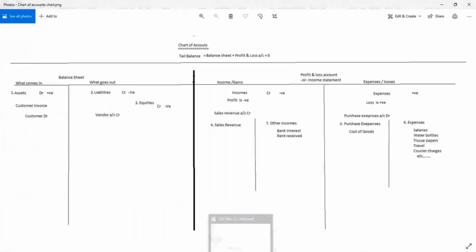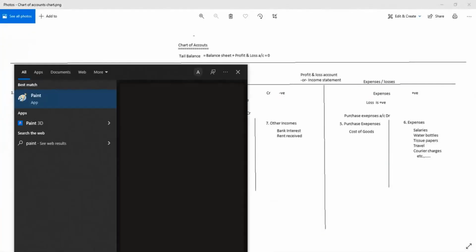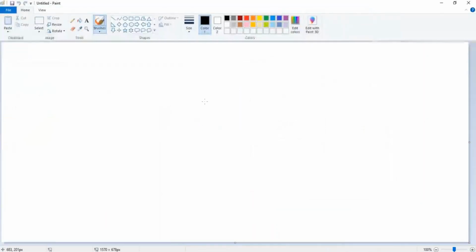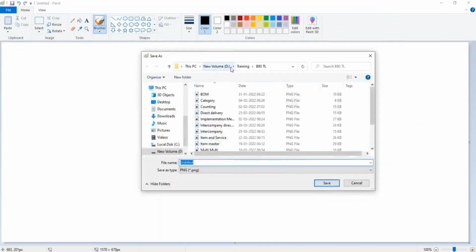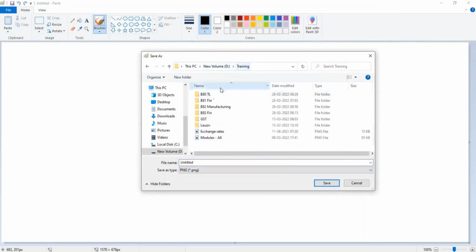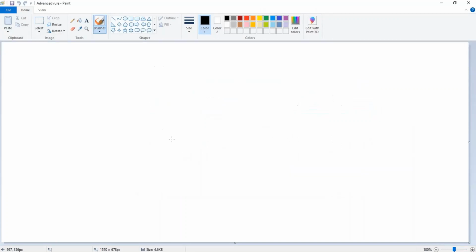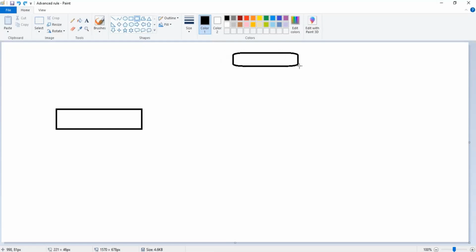Okay, let me show you this practically, how it looks in the graphical representation. Just give me a second. So I can create one structure, and for this I'm mapping advanced rule structure 1.